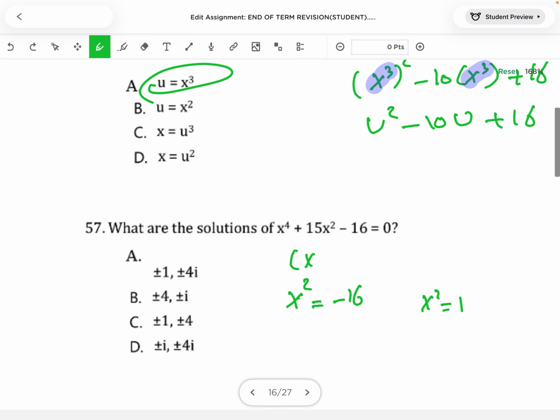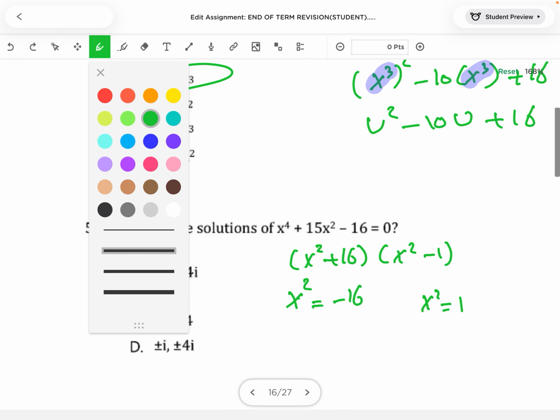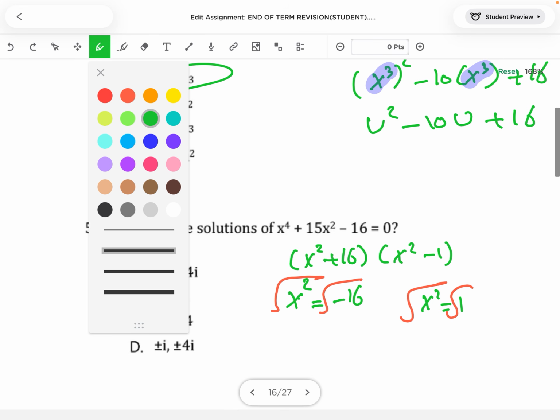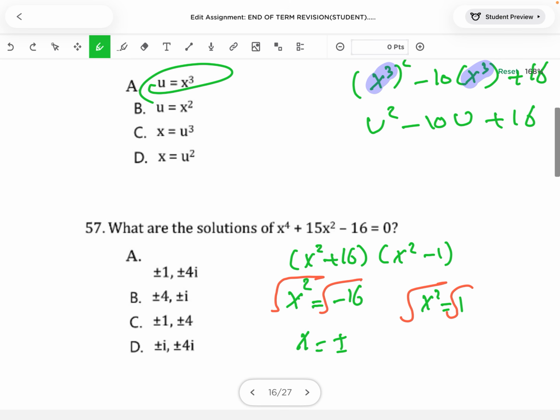This one will be x squared plus 16 and x squared minus 1 using mod 5.3. Again guys, I need x, not x squared, so I have to take the square root for all these. So x will be plus or minus 4i. Make sure the setting of your calculator is in complex. Do not forget your calculator. The square root of 1 is positive or negative 1. The answer is A.